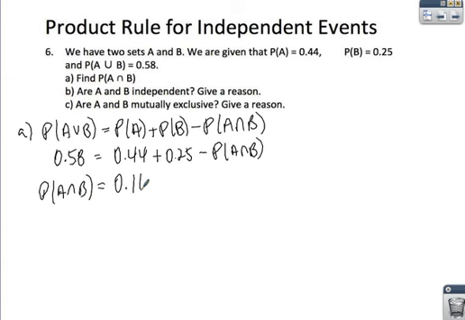Now, this is also a typical way that the question will be asked. You can now be asked, are A and B independent? So what you'll do now is use the product rule as your test.